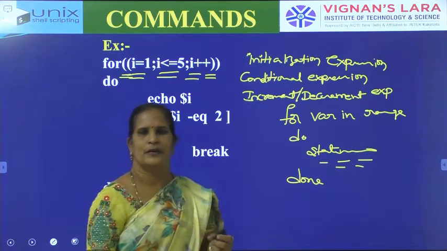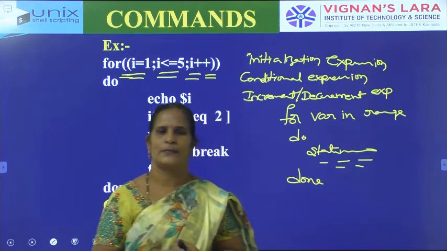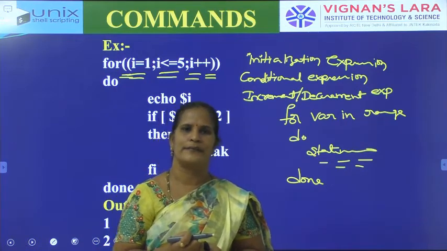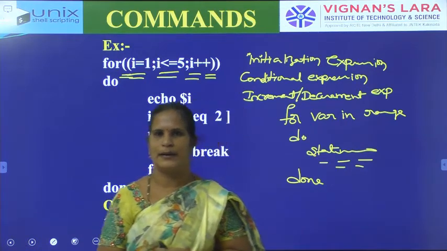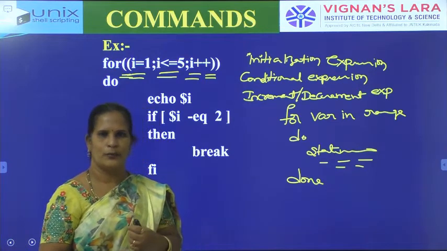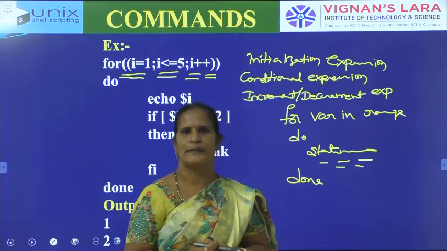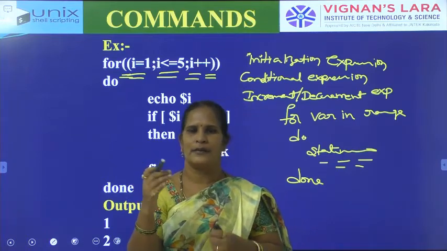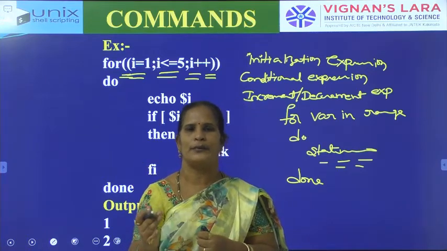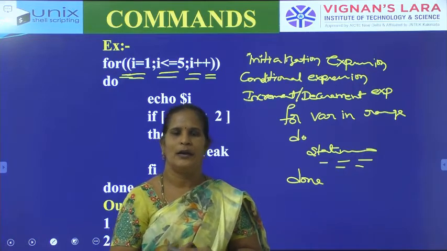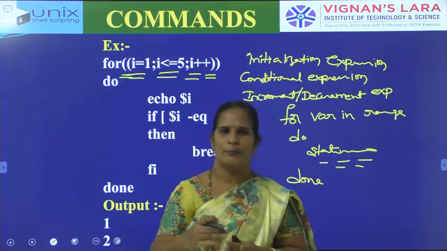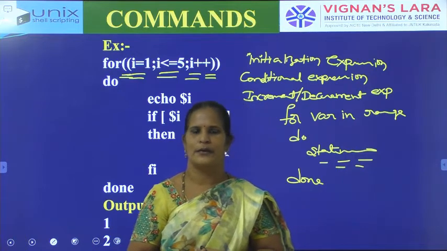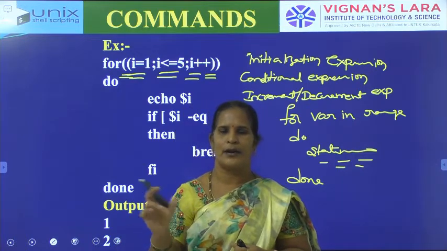In between these two parentheses we have to specify the initialization expression, next a semicolon, the conditional expression, and increment or decrement. Here we can directly specify the relational operators. There is no need to specify hyphen gt, hyphen lt, hyphen eq like that. We can directly specify the relational operators like less than or equal to, greater than or equal to, not equal to.